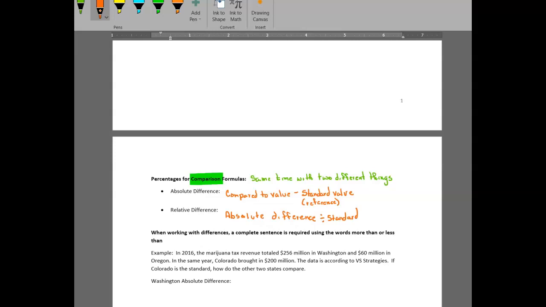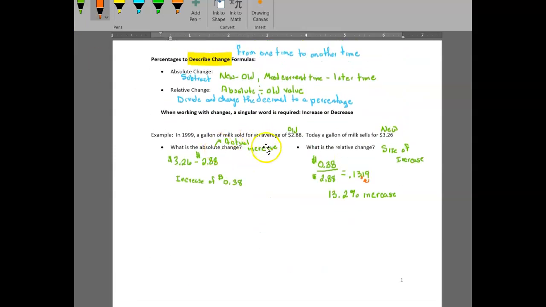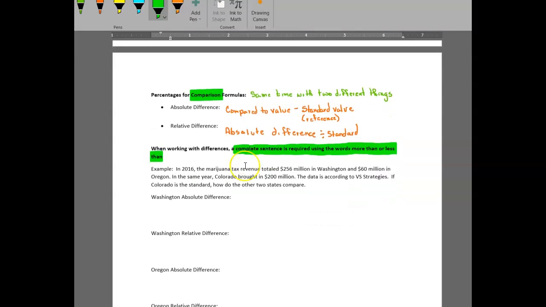Okay, this time, when we did change, we only had to use the word either increase or decrease. But when we're working with comparisons, we need to write a complete sentence, and we're going to use the words more than or less than. So keep that in mind when we're comparing things.